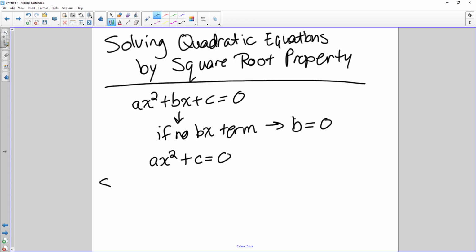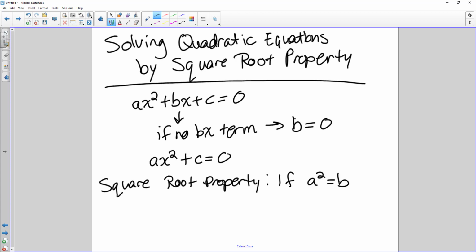So what the square root property says is that if a squared equals b, so I know I'm using a and b differently in my rule now, but just pretend a is any coefficient or x, and b is anything, typically just a number.